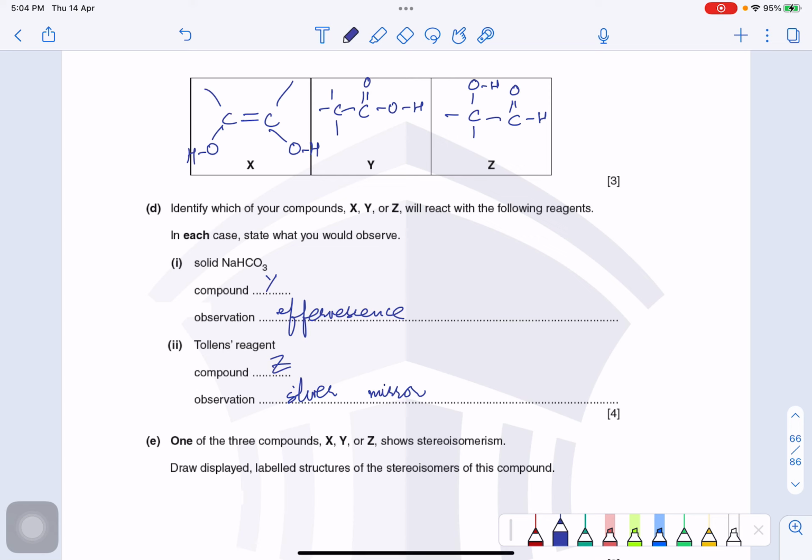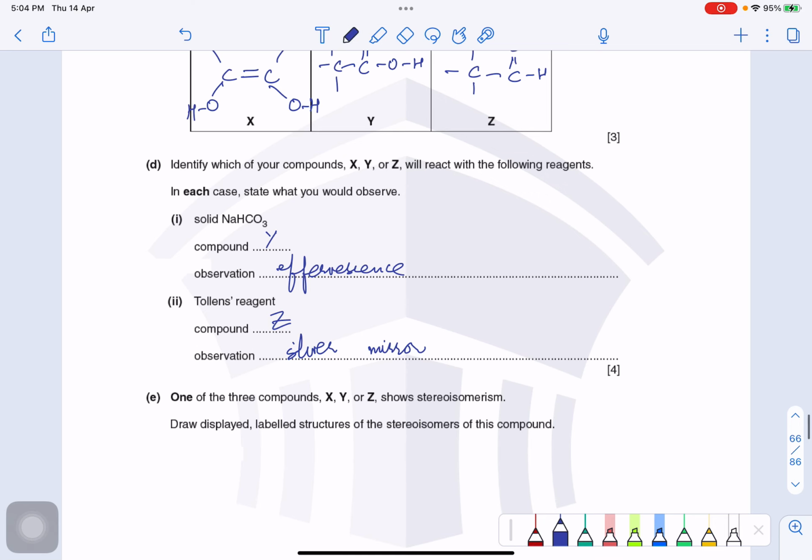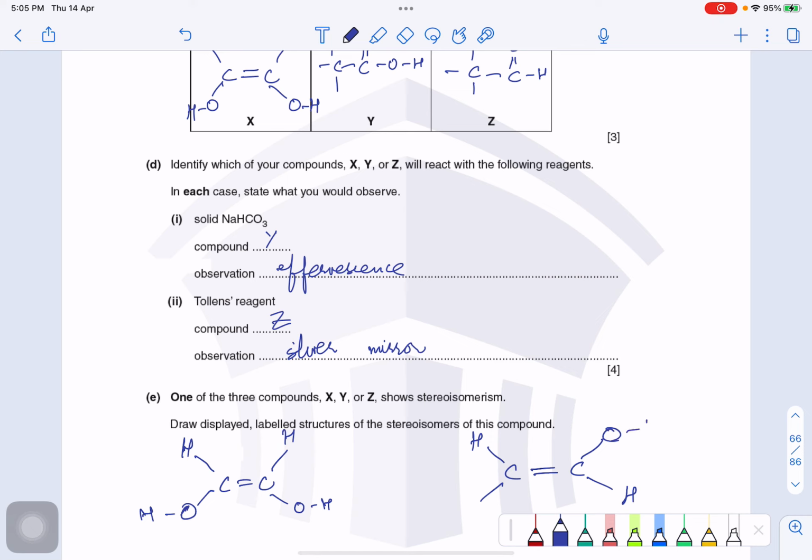This is cis at the moment. So हम इसको copy करेंगे। Okay, and now we'll draw the trans. And there you go, we have drawn it.